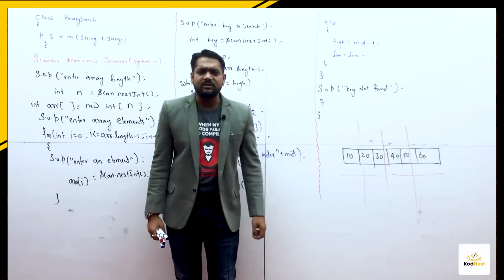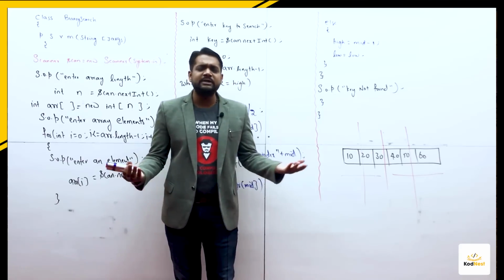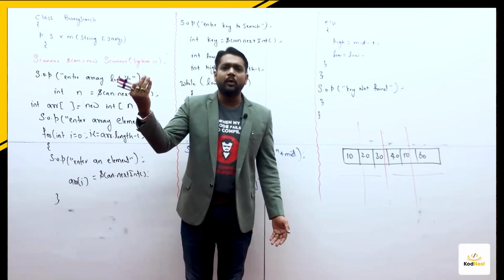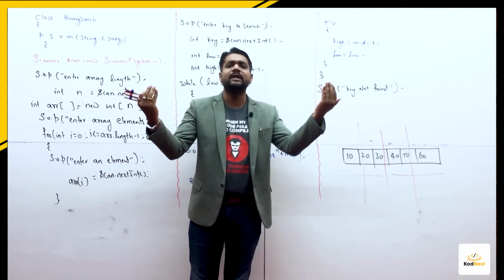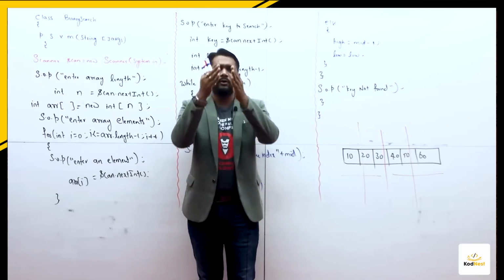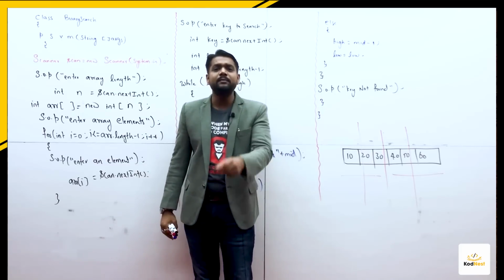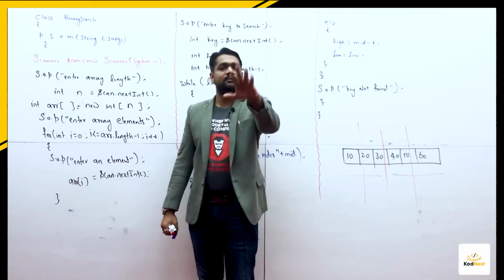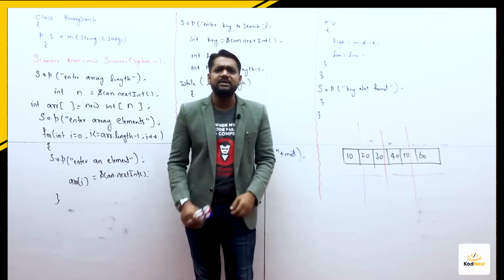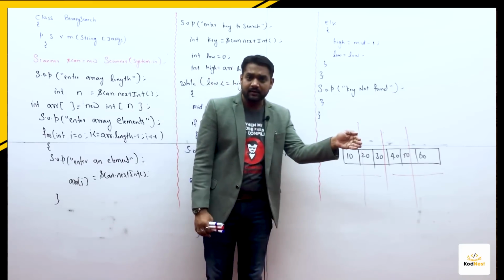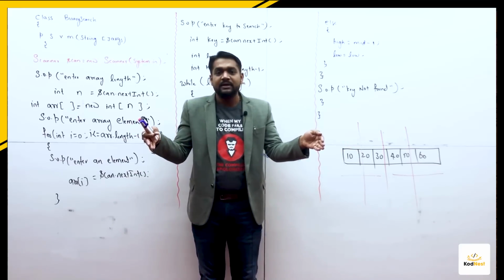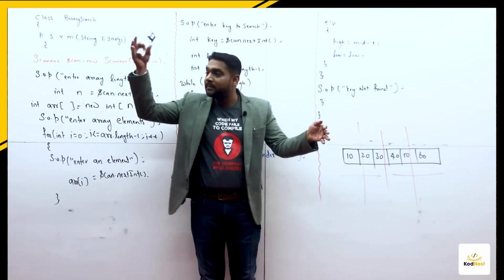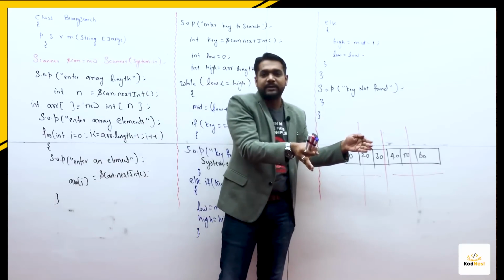How will you do binary search? Binary search is very simple. Make a variable called low to point to 0, high to point to the length minus 1. After pointing, calculate mid. Once you calculate mid, check whether the key is matching with A of mid. If it is matching, good, tell key is found. If it is not matching, check whether key is greater than array of mid or less than array of mid. If it is greater than array of mid, make low point to one step ahead of mid.